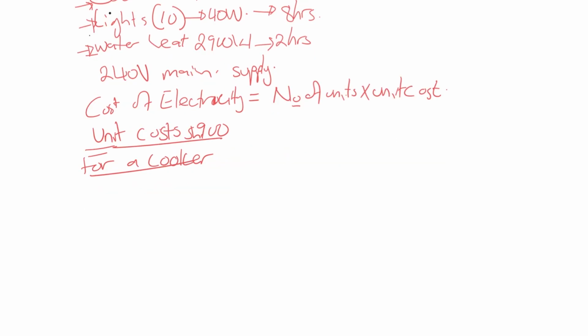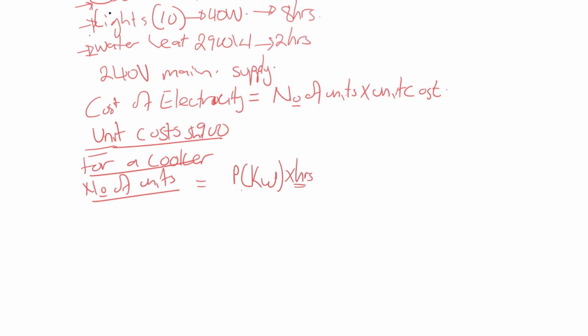So let us first calculate the number of units a cooker uses in a day. It is equal to our power, but that power must be in kilowatts, times time in hours.